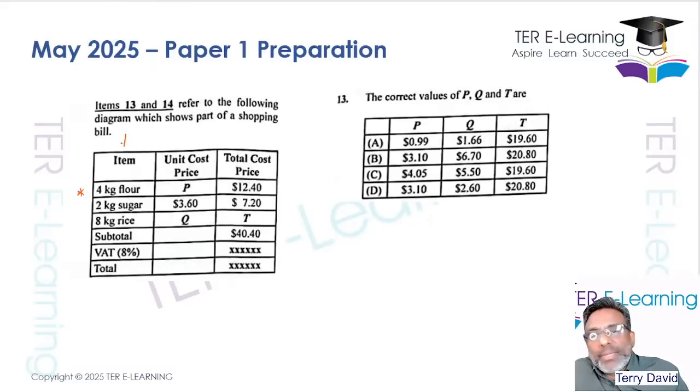On your shopping bill, you have your item, your unit cost, and your total cost. If you want to work out the total cost, you take the quantity and multiply by the unit cost.